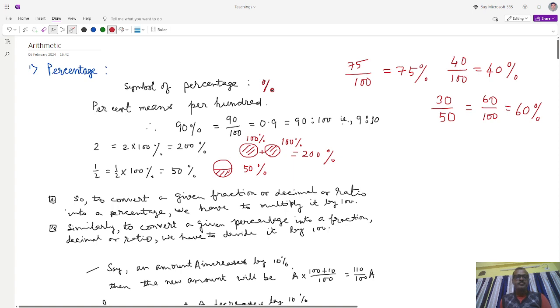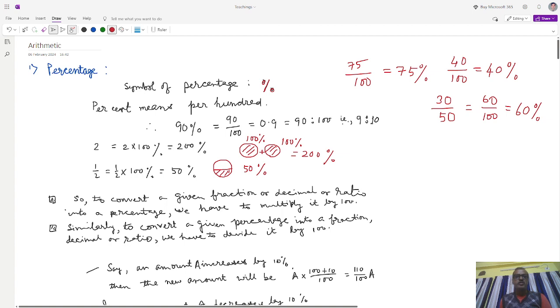Similarly, we can convert any percentage into a number by dividing it by 100. Here 90% equals 90 by 100. So if we divide the percentage by 100, then we will get the number, that is here 0.9.